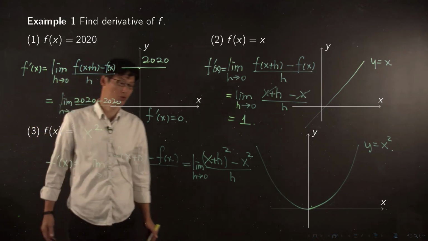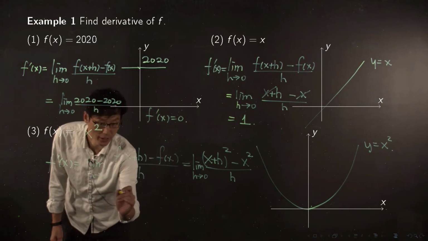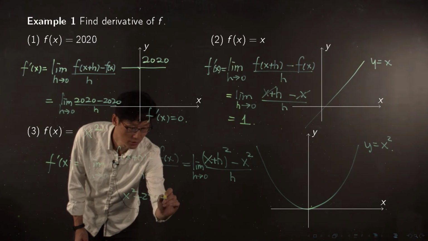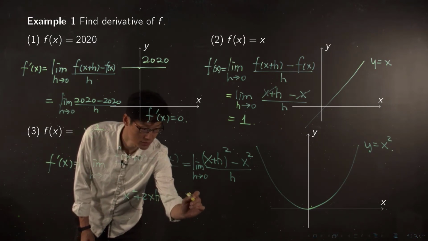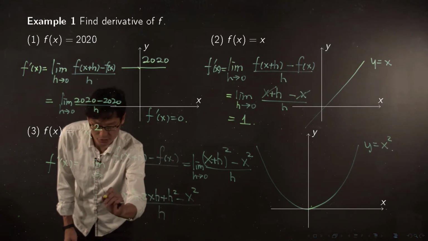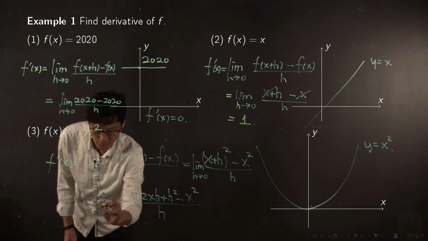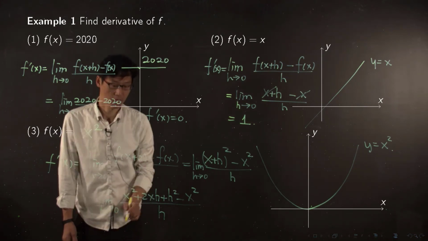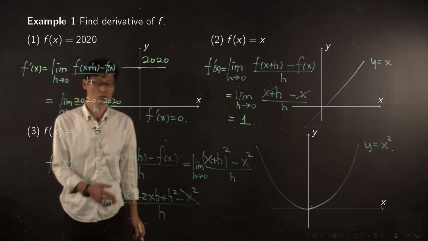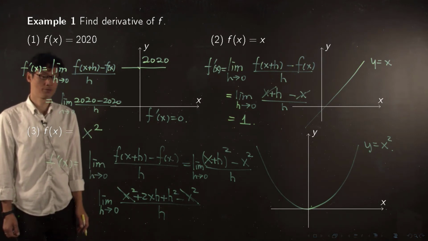To get simple expression, you FOIL this or expand, distribute, and we have x squared plus 2xh plus h squared minus x squared. Now you see canceling pair. After canceling this copy of x squared, we have 2xh plus h squared over h.